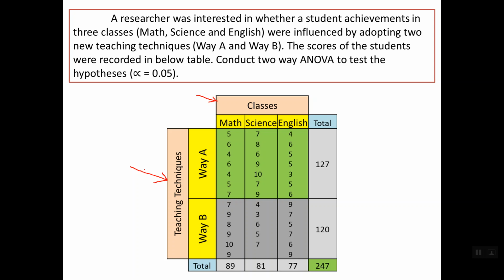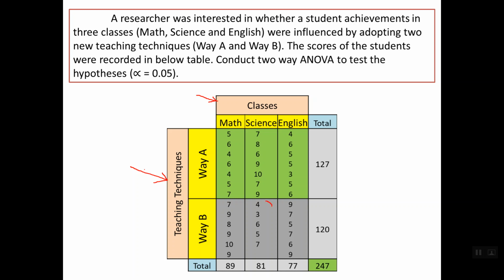So this design is called 2 by 3 ANOVA, sometimes called factorial ANOVA because it contains more than one factor. The design is unbalanced because simply if you check for the total observation for each group, you will see that they are unequal.